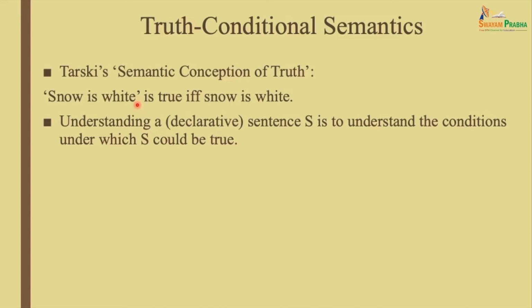So even if I tell you that the president of India is Kapil Dev, it's not true, but you understand it because you know the conditions under which this could be true. So understanding this sentence means knowing the conditions under which it could be true.